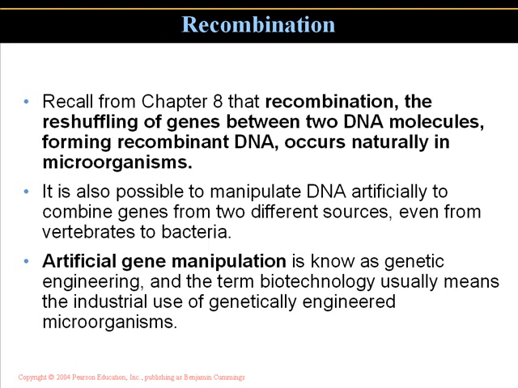It's also possible to manipulate this DNA artificially by combining genes from two different sources, even in the biological system, the human system, which we're familiar with, and utilizing that technology also in bacteria as well. Artificial gene manipulation is known as genetic engineering, and the term biotechnology usually means that there's an industrial use associated with this genetically engineered microorganism.